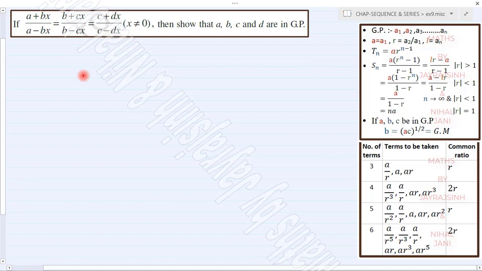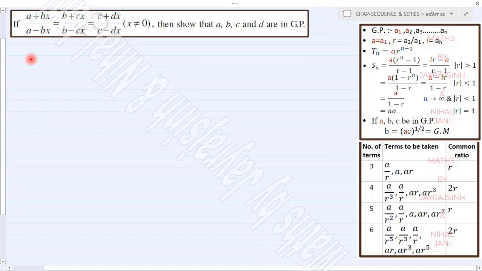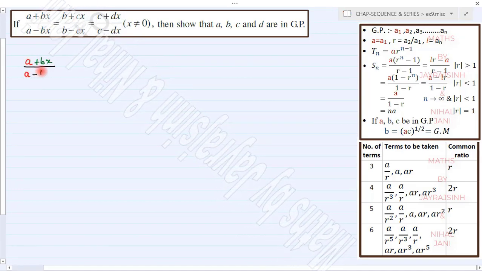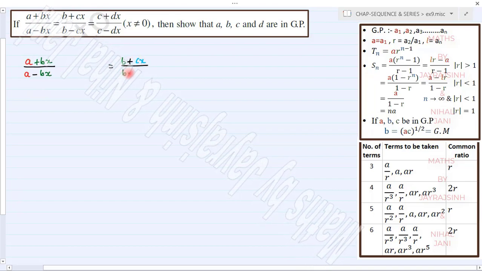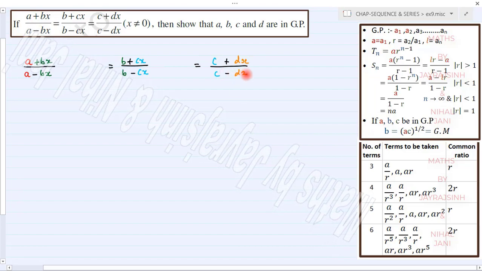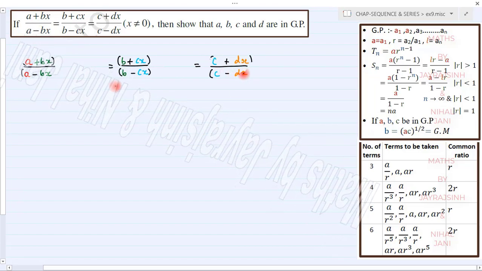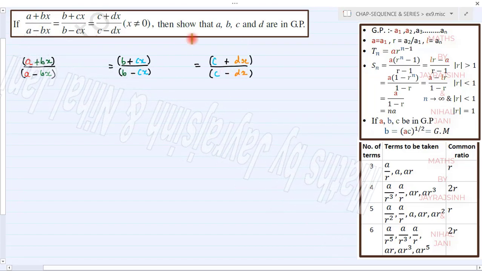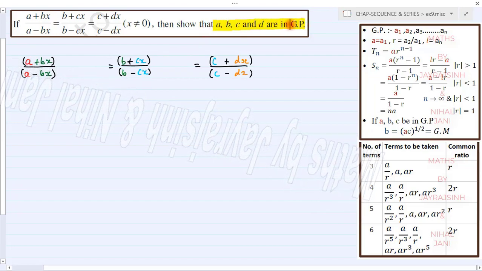In this question, we have one interesting condition that (a plus bx) upon (a minus bx) is equal to (b plus cx) upon (b minus cx) is equal to (c plus dx) upon (c minus dx), where x is not equal to 0. And we have to prove that a, b, c, d are in GP.